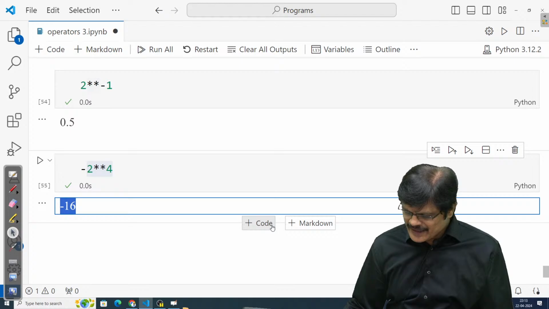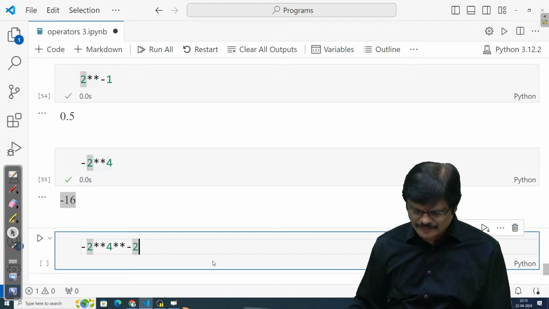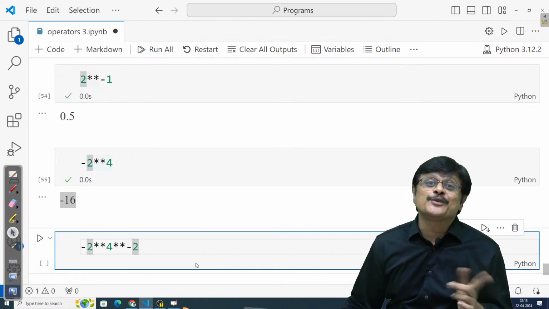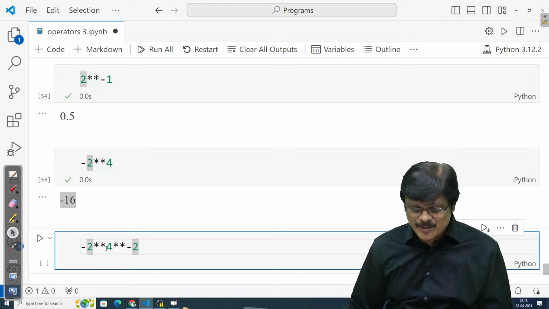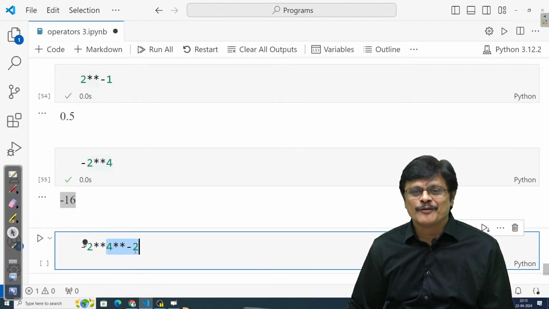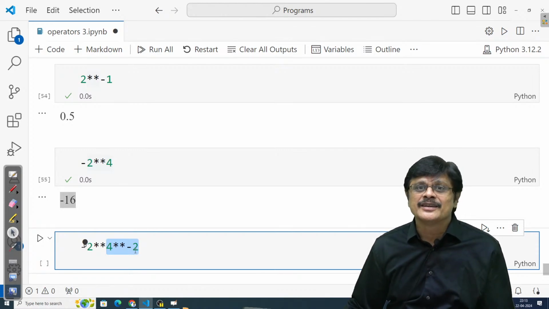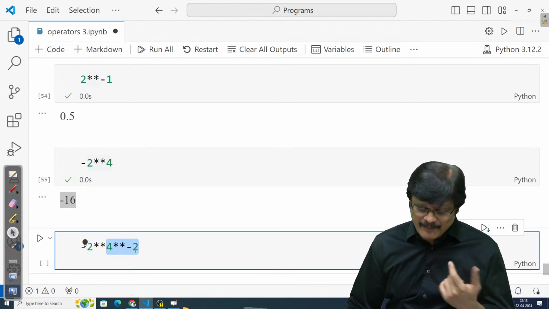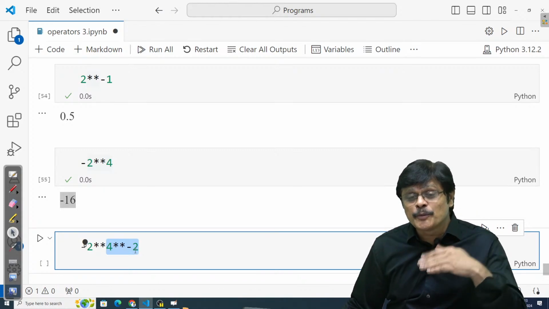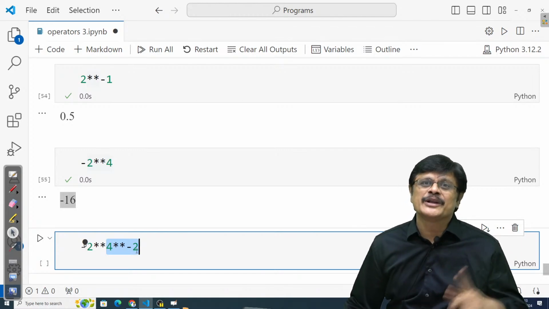Okay, so we can just make some other expressions. Now it is right to left associative. Okay, exponentiation is right to left associative. So first 4 power minus 2. What is 4 power minus 2, sir? 1 by 4 square, 1 by 16. That 1 by 16 is the power of 2. It's like 2 power 1 by 16 with a minus sign.